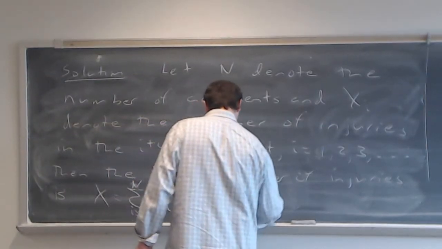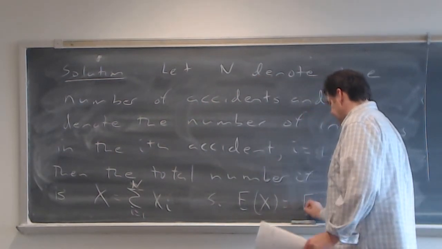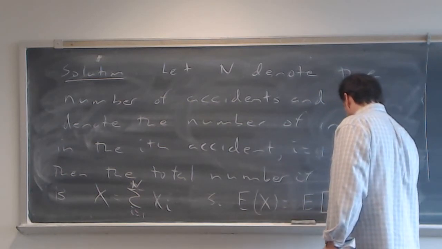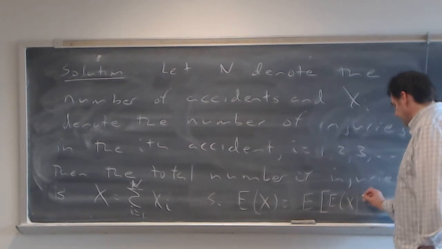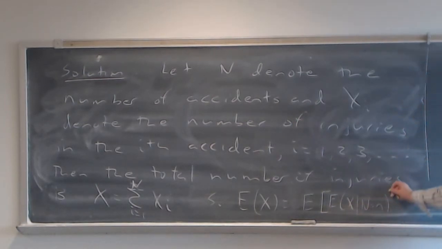So the expected value of X is equal to the expected value of the expected value of X given N equal to n. So it depends on the number of accidents we have.